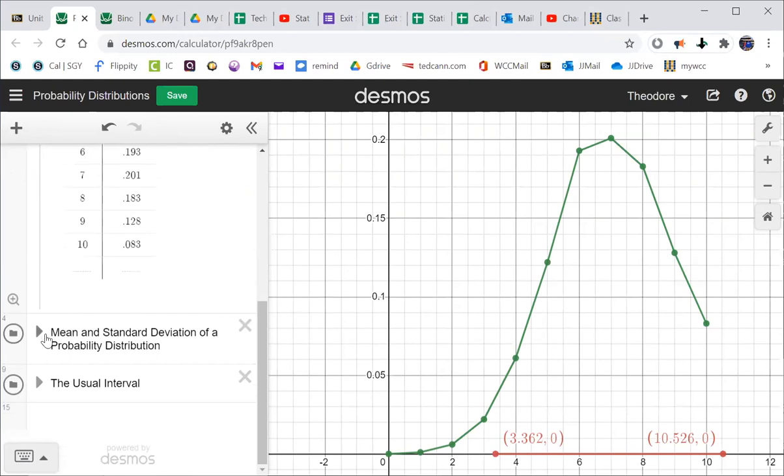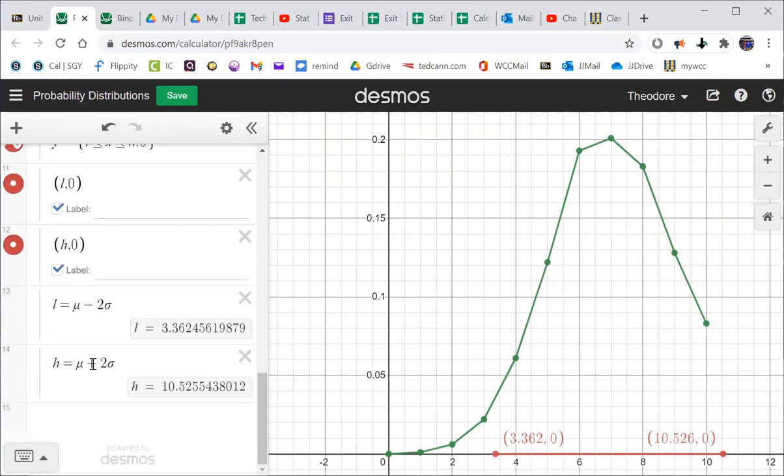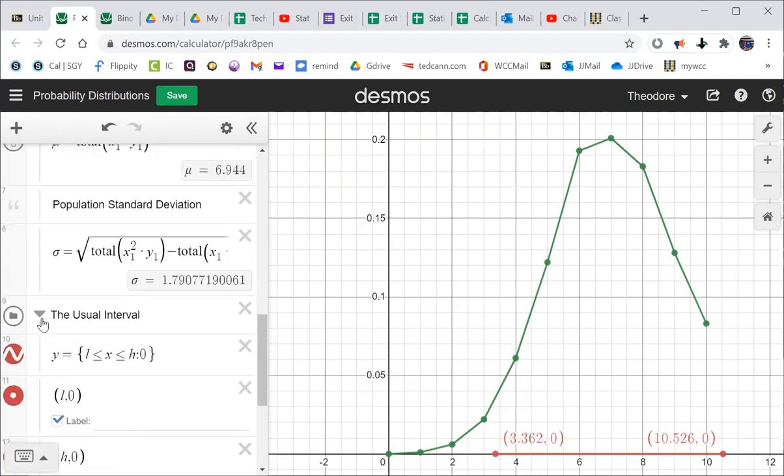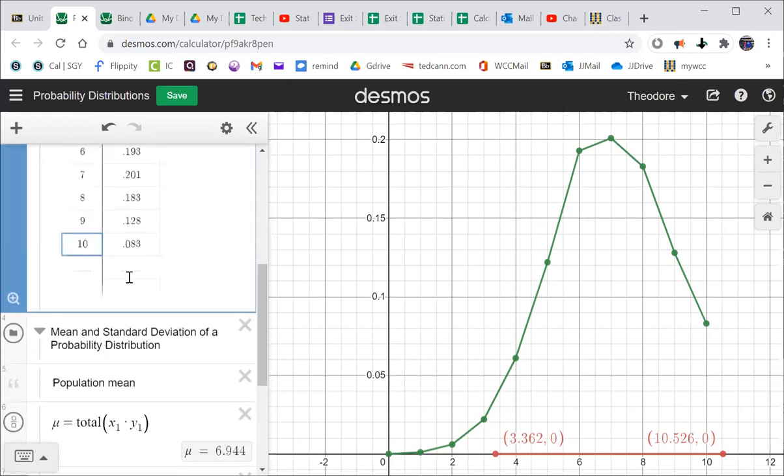But then after that, it'll give you the mean and the standard deviation. It'll also give you the usual interval if you need it. And this question isn't calling for that, so I'm not worried about that. So what I'll do actually is, while I'm here, I'll just type these numbers in.